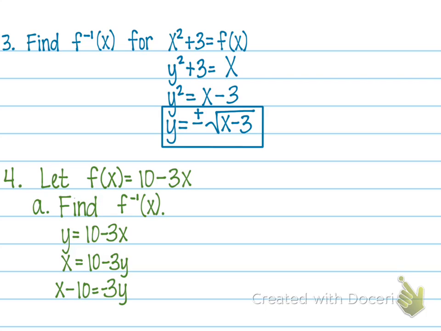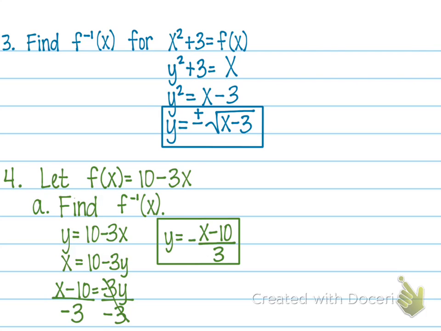Our next step is to subtract that 10. So we have x minus 10 equals negative 3y. Then we got to divide by that negative 3. So it cancels with our y, and we're going to move that negative on the bottom out in front. So we have y equals the negative of x minus 10 over 3.